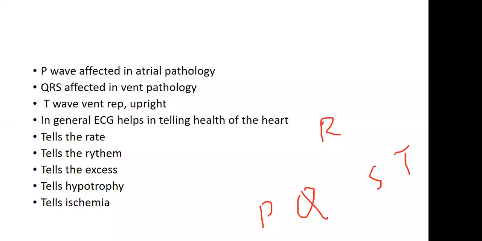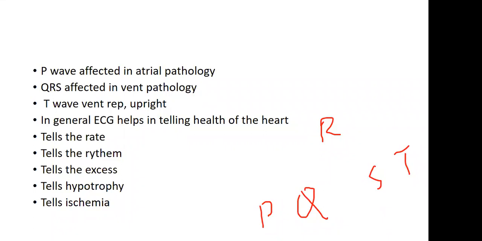ECG is helpful in many diseases. For example, it tells you the rate, whether the heart is beating at the normal rate or it is beating at a higher rate, which we call tachycardia, or it is slower than the normal, meaning below 60 beats per minute, which we call bradycardia.